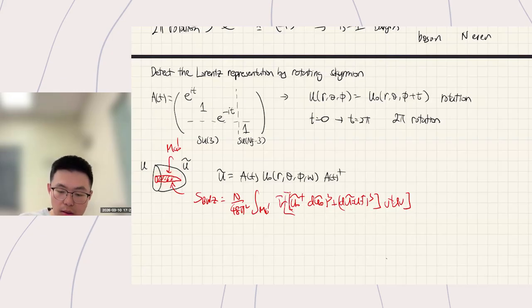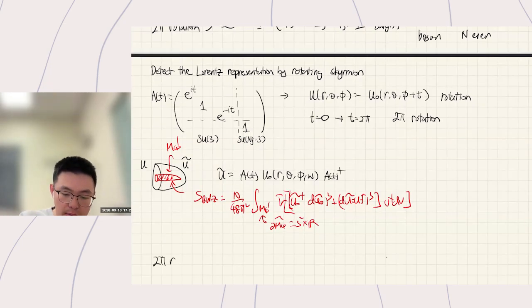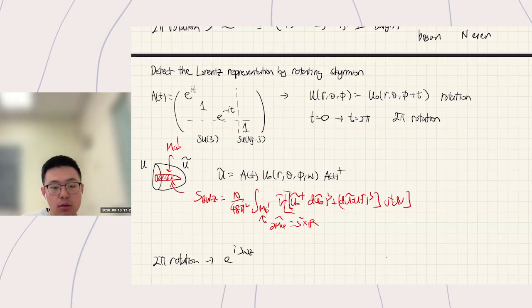And let me emphasize that the boundary of these boundaries is essentially S2 times R, which is a tube around the Wilson lines. So now you can again do the 2 pi rotations. And then we will now also get a phase from the combination of the Wess-Zumino term and the boundary Wess-Zumino term.